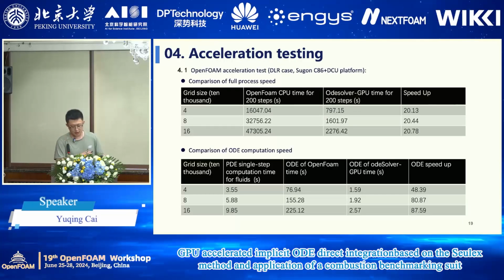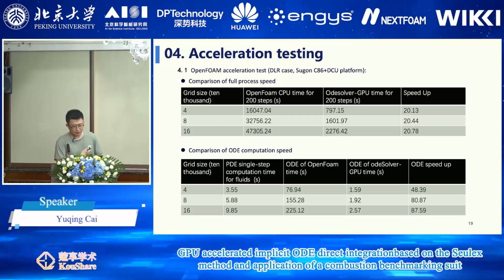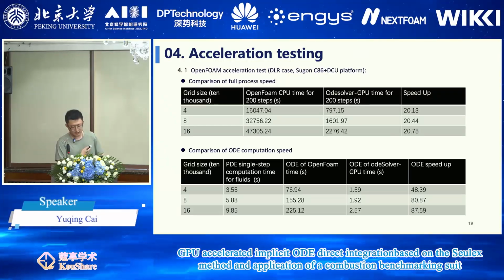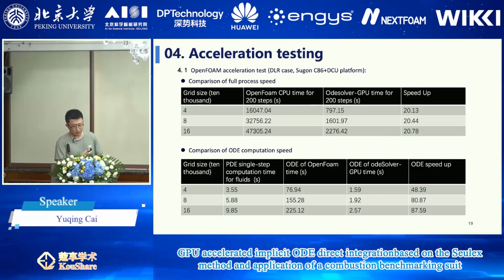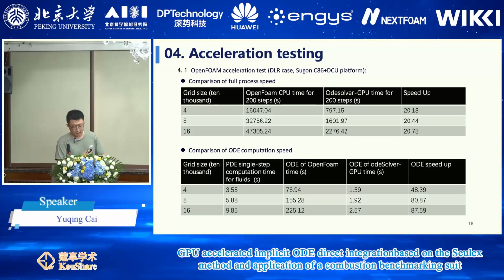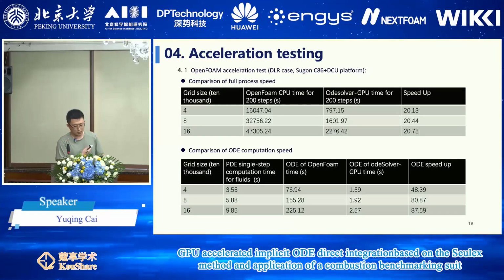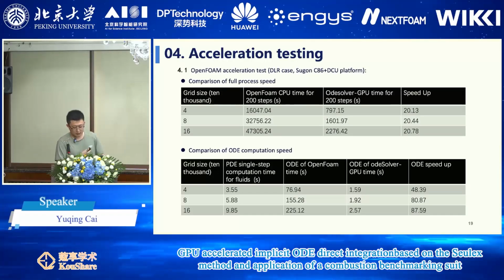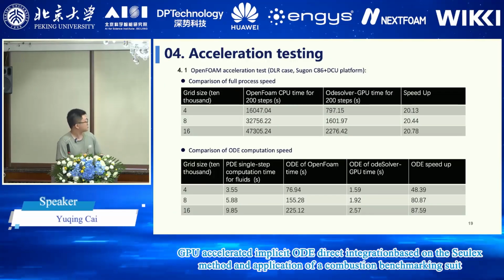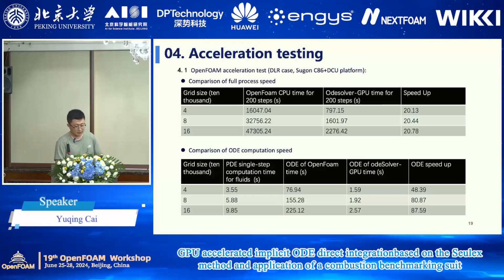This page compares the efficiency between the CPU and GPU. For the DLR cases, OpenCC can achieve a 20-fold speedup under different grid sizes. If only considering the speedup of the ODE parts, it could accelerate by 50 to 80 times.